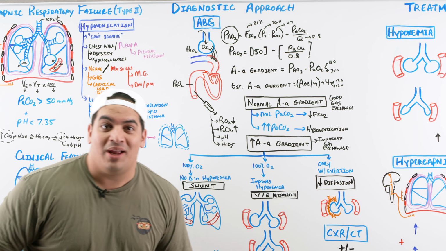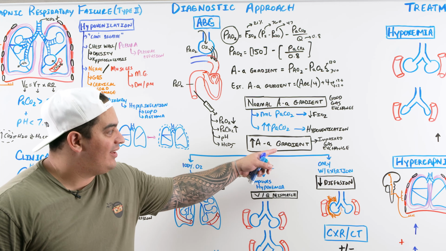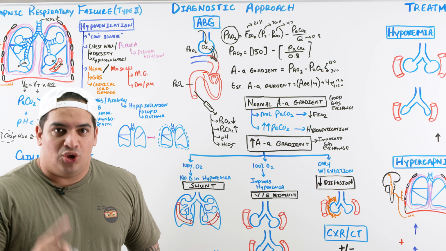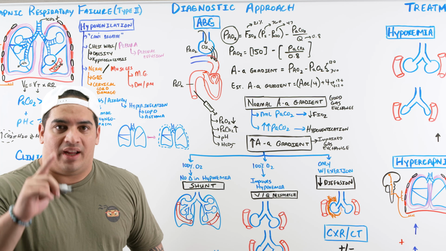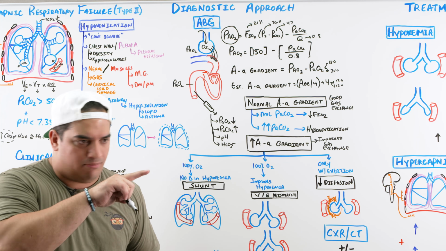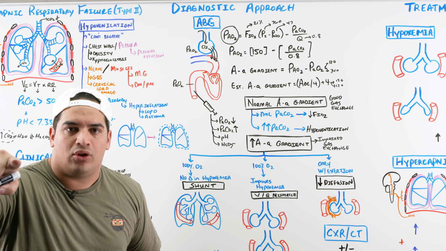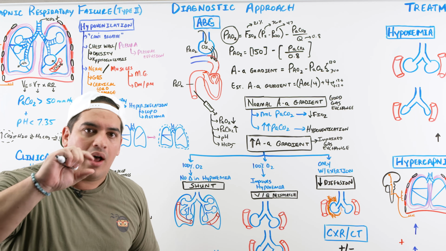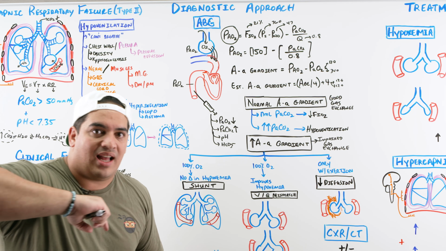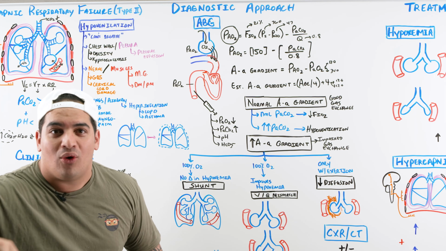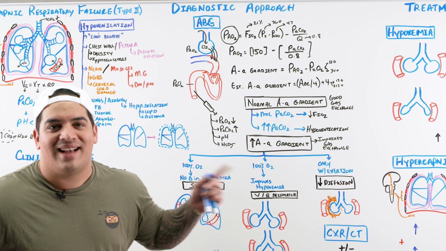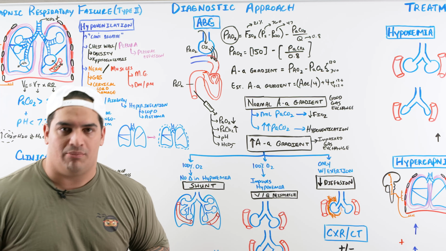My differential for impaired gas exchange, increased AA gradient, is usually due to a problem where I'm not moving oxygen across the alveolar capillary interface. It's not crossing, or there's a clot within the pulmonary capillary so it's not pushing blood to the alveoli, or there's a massive shunt. And then lastly, uncommon, there's a diffusion problem.